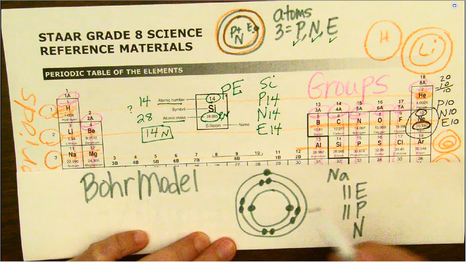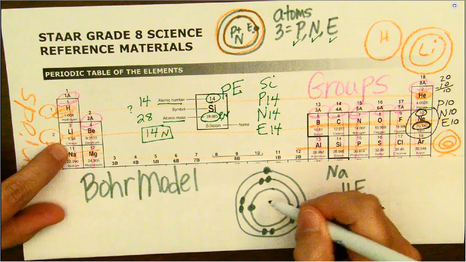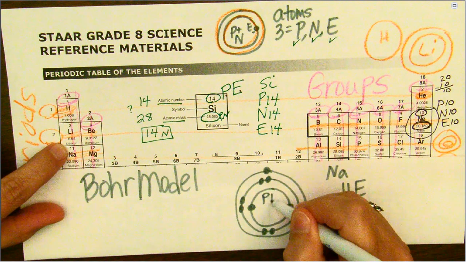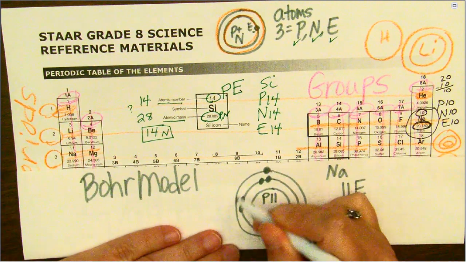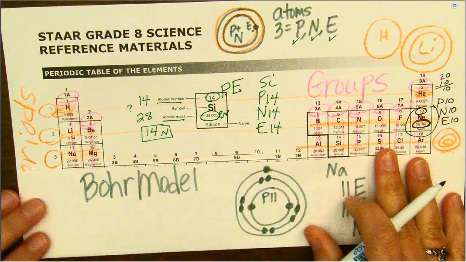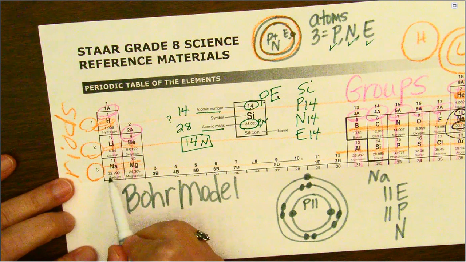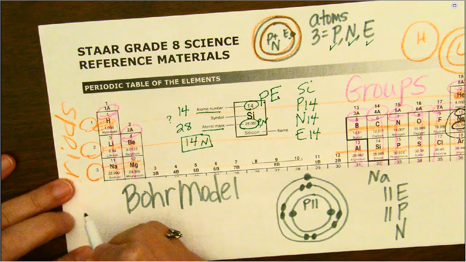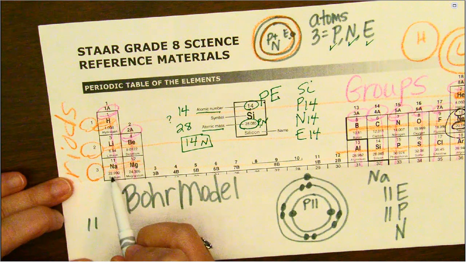Now, this atomic number up here tells me I have 11 protons. So I have 11 electrons, 11 protons, but how many neutrons? Remember how we figure that out. We have to take the top number and the bottom number and find the difference. So I have an atomic number of 11, and my mass, we need to round it.